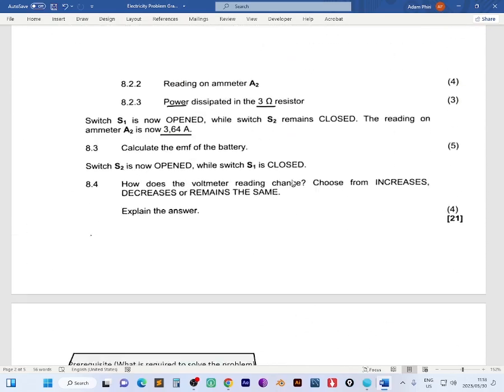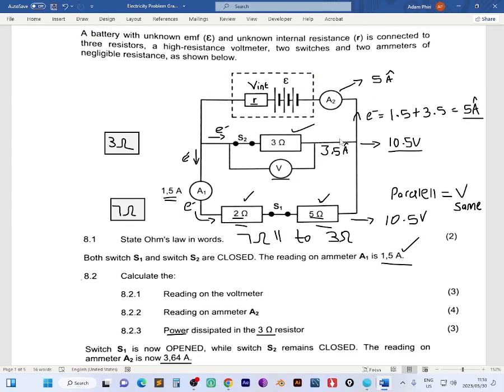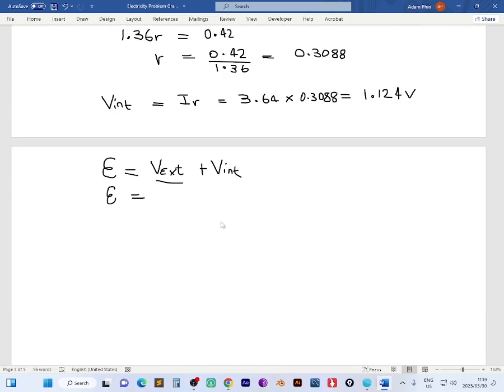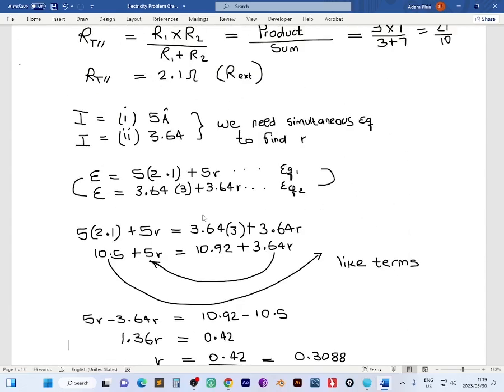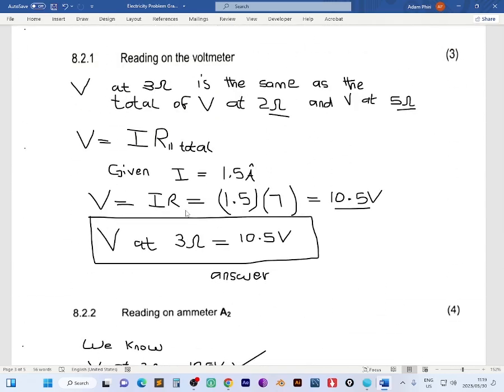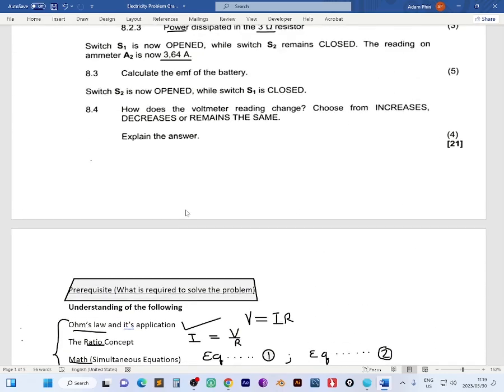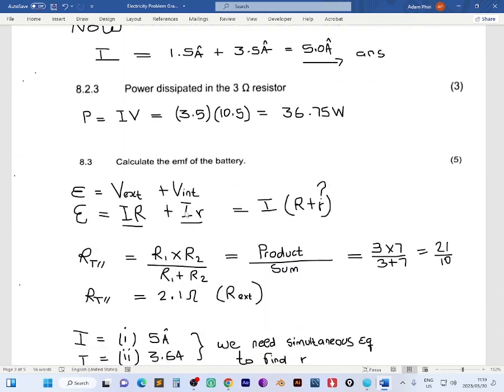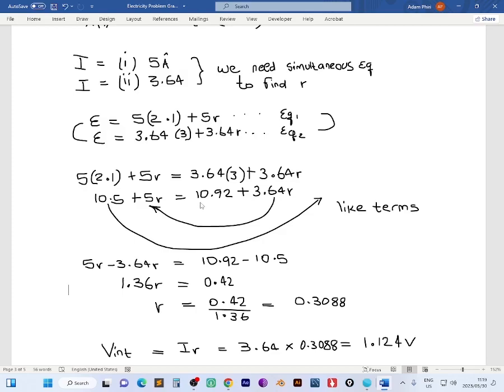Is that 10.5? Let me just confirm. I think we need to use the latest value. Well, that one is the old one. The latest value based on the information given. So when looking for it, just go through the script and look for our value.